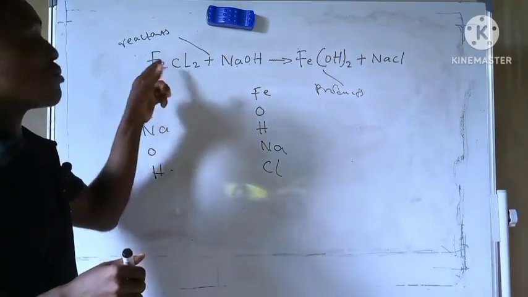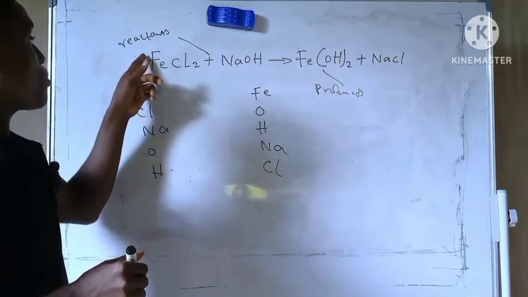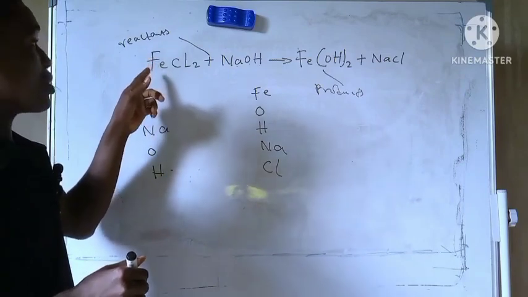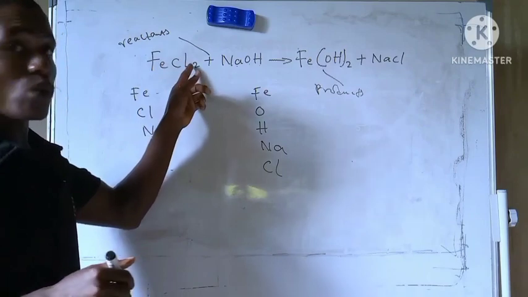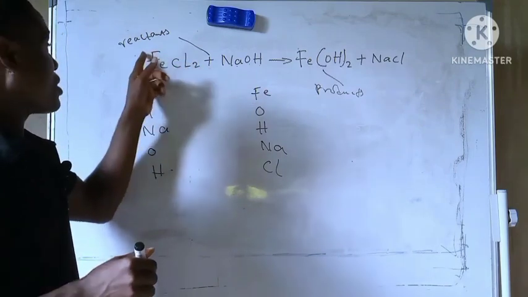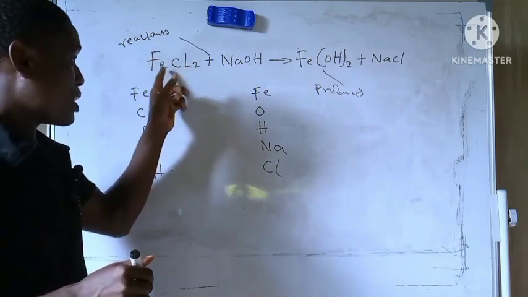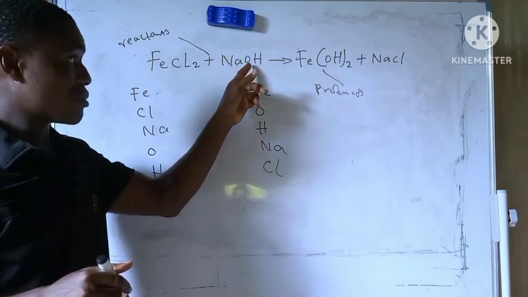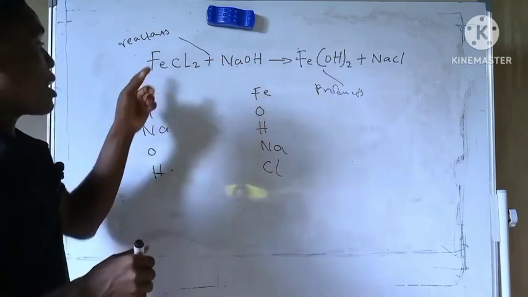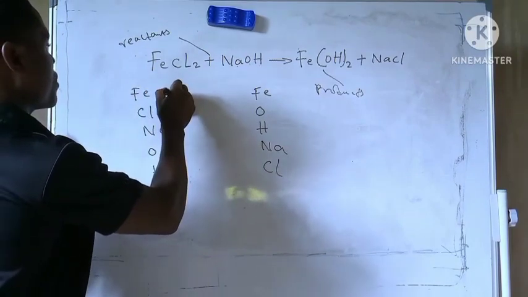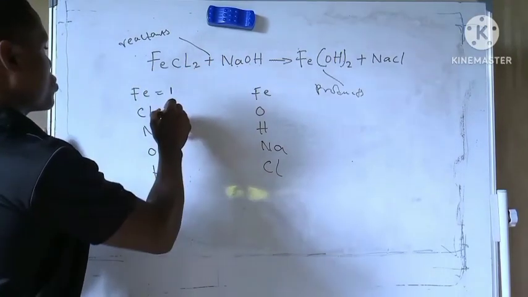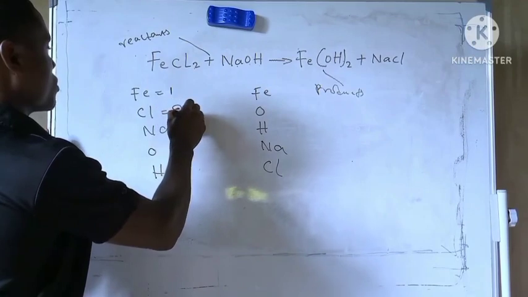For iron, we have only one because we have one here. We have an unknown one here, so that one is affecting both the iron and the chlorine. This one is affecting everything here, and also this one is affecting everything here. So iron we have one.